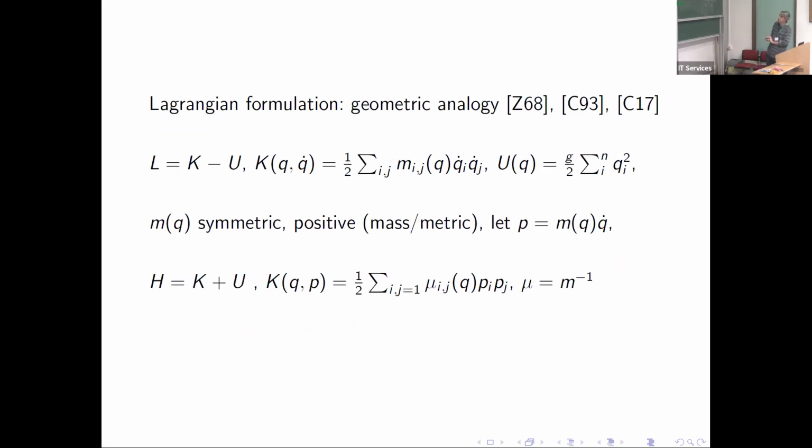Now it's useful to have the following analogy.